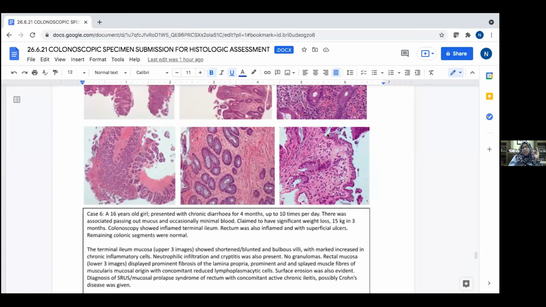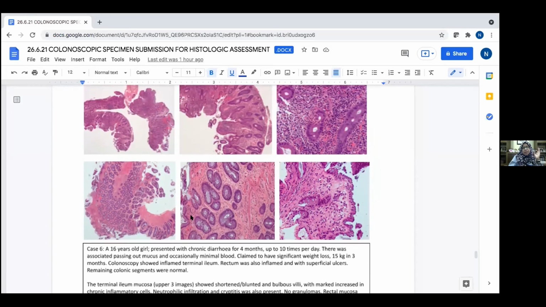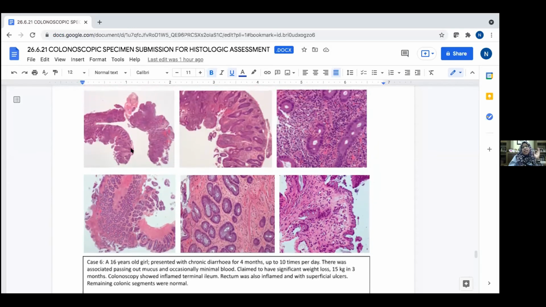And in some areas you can see surface erosions, and hyalinized lamina propria. Again, in the areas of surface erosion, there can be accompanying neutrophils and a granulation tissue-like appearance of the lamina propria.